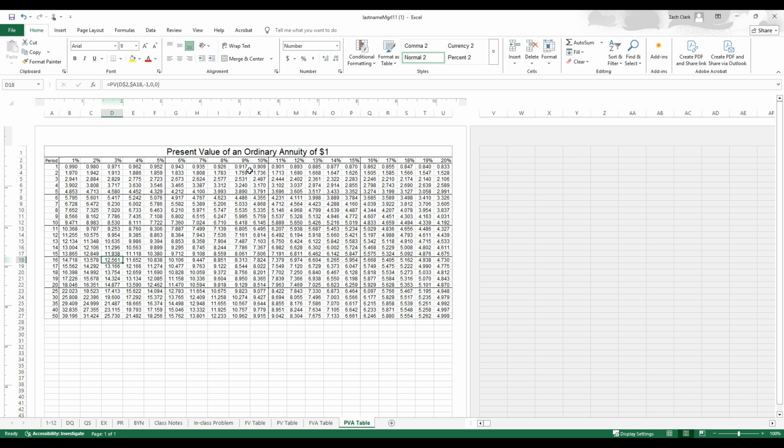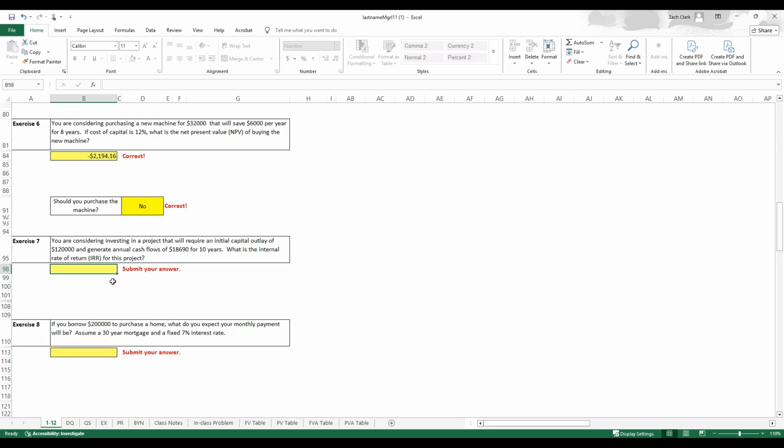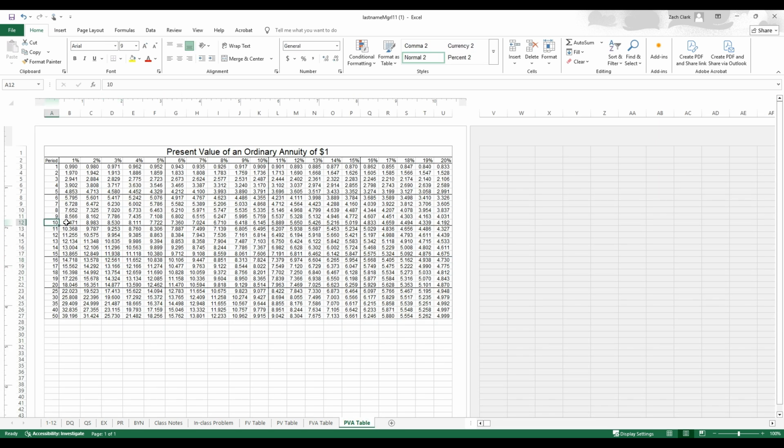And so then we go to our present value of an annuity table, and we look for 6.4. So let me look back there. We were at the 10 years, so we go to the 10-year row. And then we again divided the investment amount of 120,000 by 18,690. That gave us 6.42.